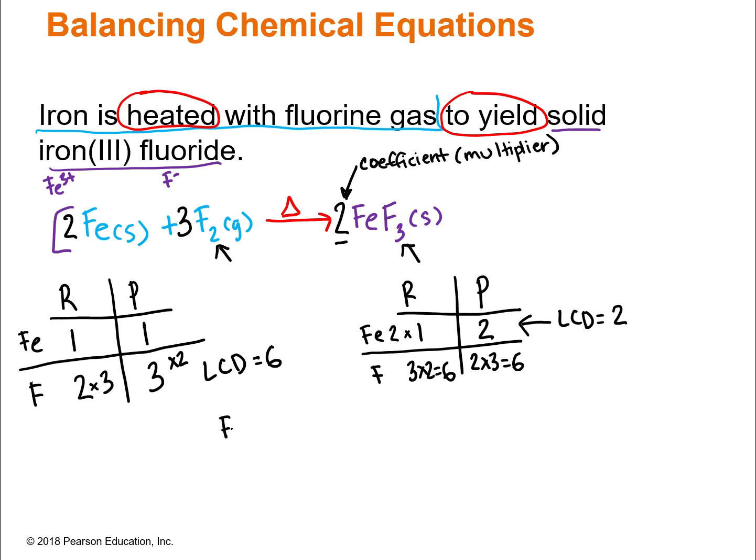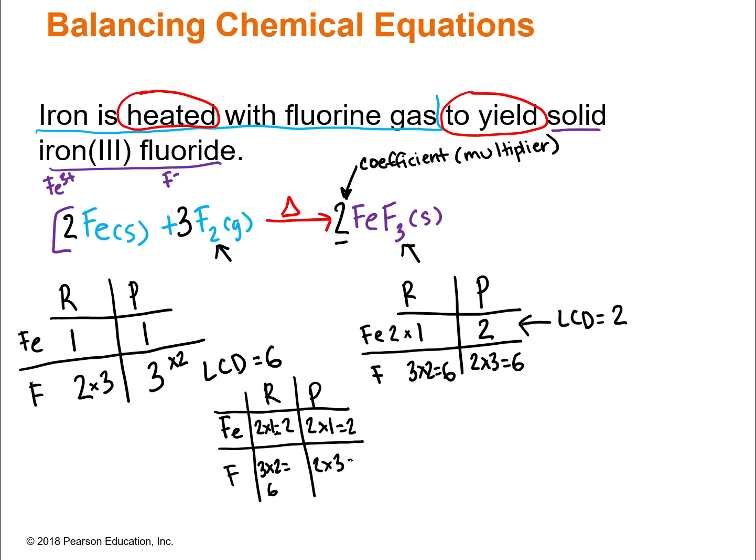Let's do one more final tally. We've got 2 times 1, which is equal to 2 for the iron atoms on the reactant side. We've got 3 times 2 equals 6 for the number of fluorine atoms on the reactant side. We've got 2 times 1, which gives us 2 iron atoms.